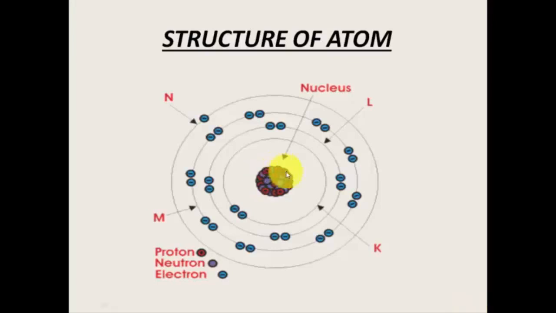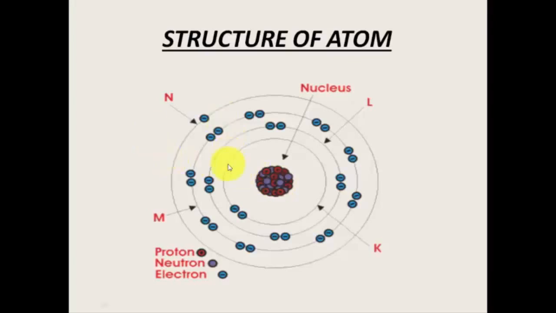In this there is a nucleus, and the nucleus is the centralmost part of any atom. This nucleus consists of protons as well as neutrons. As I've said earlier in the previous videos, there are three kinds of particles: some are positively charged, a few are negatively charged, and there are some which are neutral in charge.